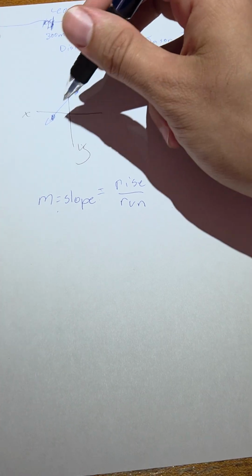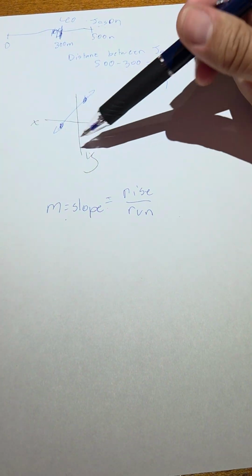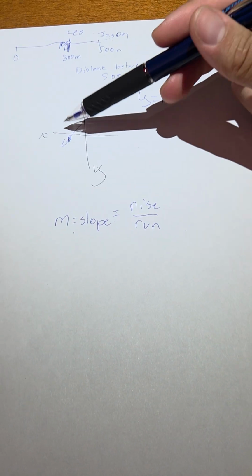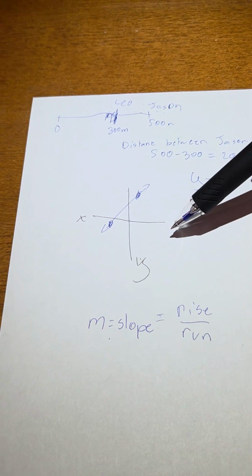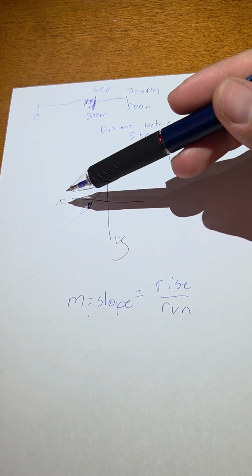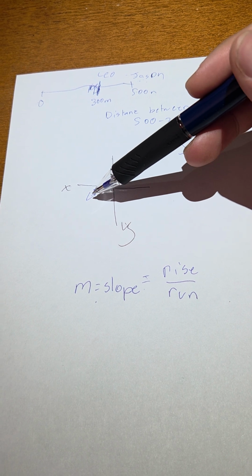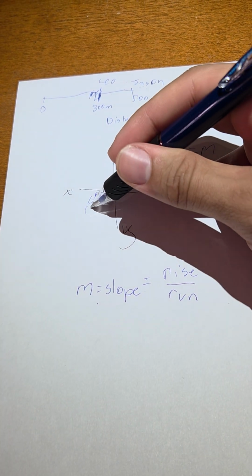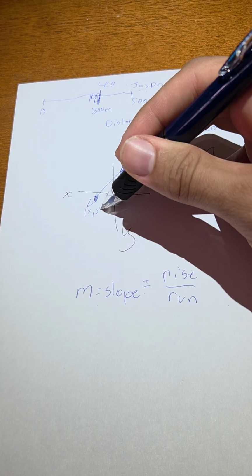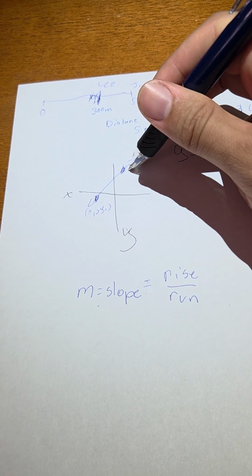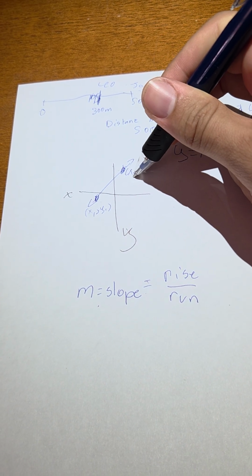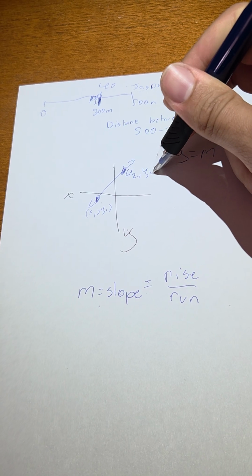Let's say we have these 2 points. We always read graphs, like how we read papers, from left to right. So the leftmost point is always going to be our first point. Let's say this is x1, y1, and this is x2, y2.